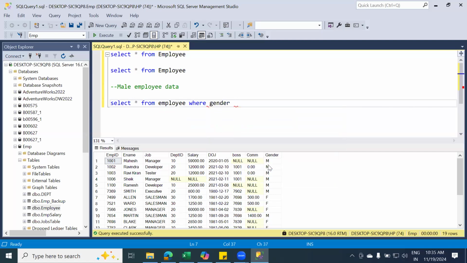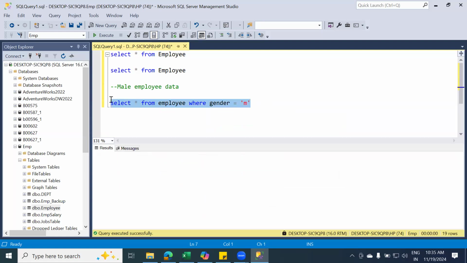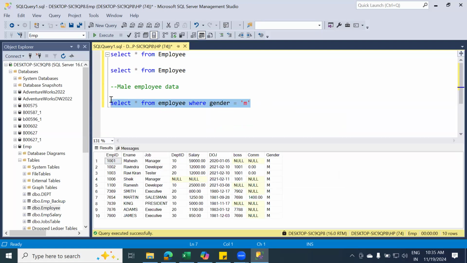I say gender equal to, we say M. Now, if I execute this query, this will give me only male employees. Totally, we have 19 rows. Out of 19 rows, how many male employees we have? 10. You can see the count here. Because we extracted only male employees, the remaining 9 employees are female employees.